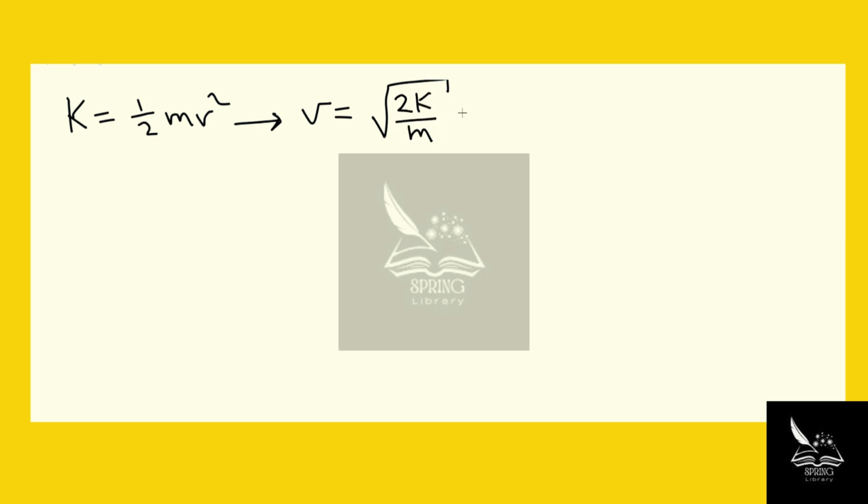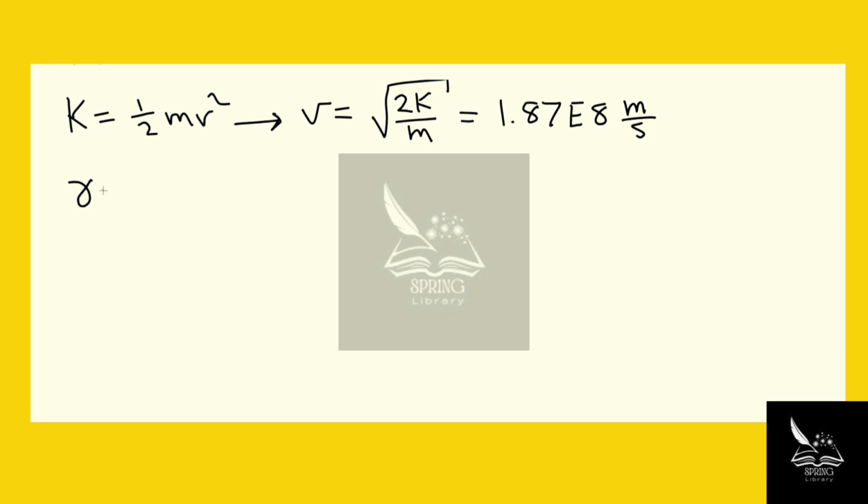We can plug in our value for K and the mass of an electron, and we will get a speed of 1.87 times 10 to the 8 meters per second. Comparing that to the speed of light, which is 3 times 10 to the 8 meters per second, you can see this is a very considerable fraction of the speed of light, as I suspected.